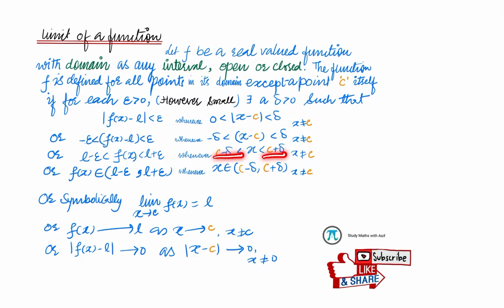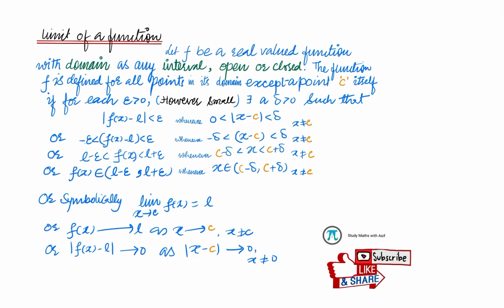But when we talk about the left hand limit and right hand limit, I will modify this definition. When I consider the left hand limit, I will consider this case only, when x is here. When I consider the right hand limit, I will consider this case, x plus delta. In this way I will discuss the left hand limit and right hand limit.